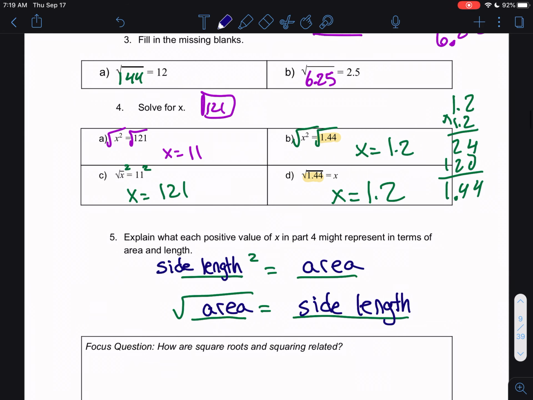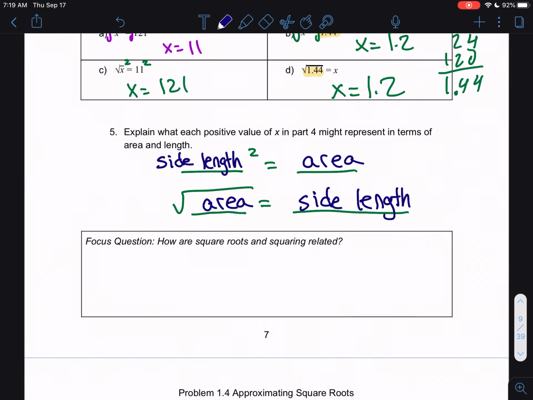Okay, so finally, focus question. How are square roots and squaring related? It's pretty simple, it's just another tool in your toolbox for solving equations. Squaring is the inverse of square roots.